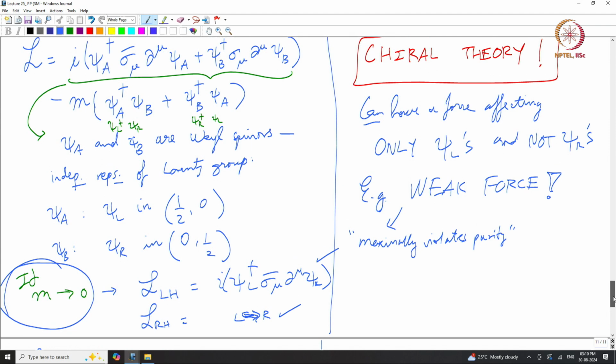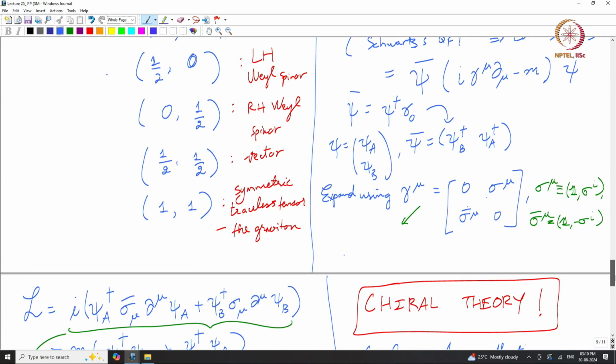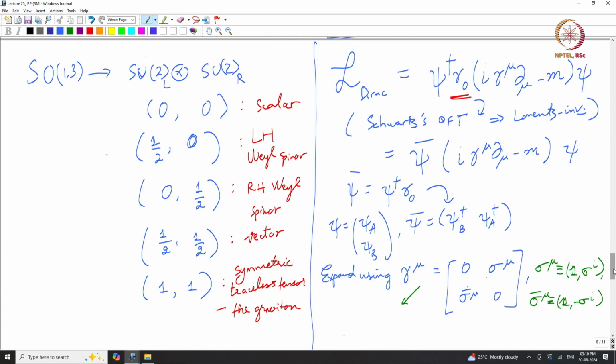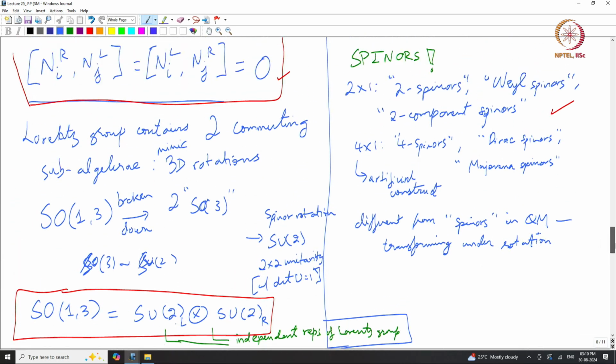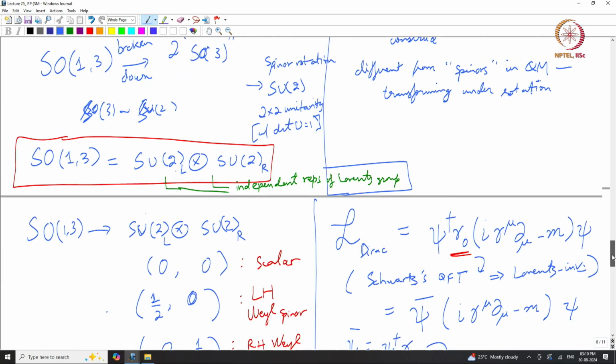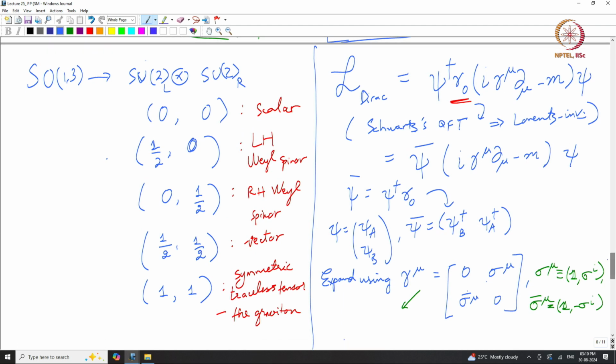We saw that spinors are nothing but yet another representation of the Lorentz group, probably the most important representation because that describes fermions. And then we saw that left handed fields and right handed fields live in their own independent representation, right.